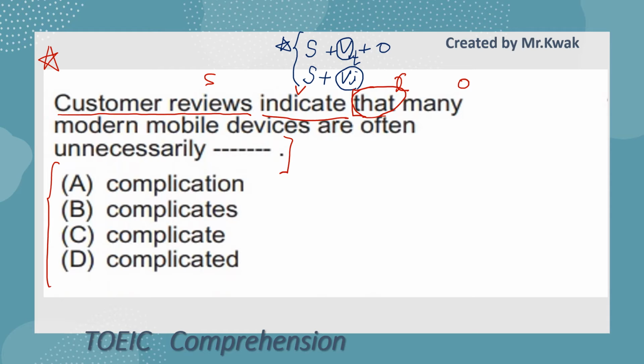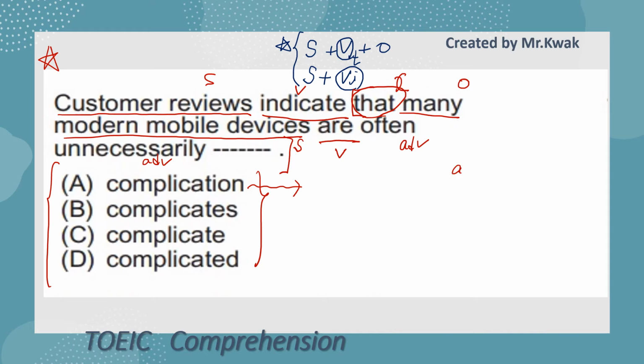Many modern mobile devices, another subject; are, be verb; often, adverb; unnecessarily, adverb; blank. At this point, we can figure out which choice is correct only when we understand their features.